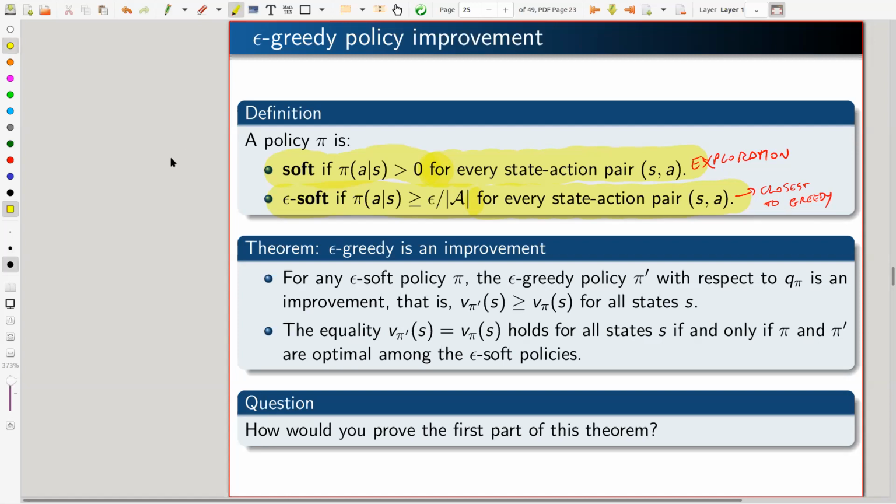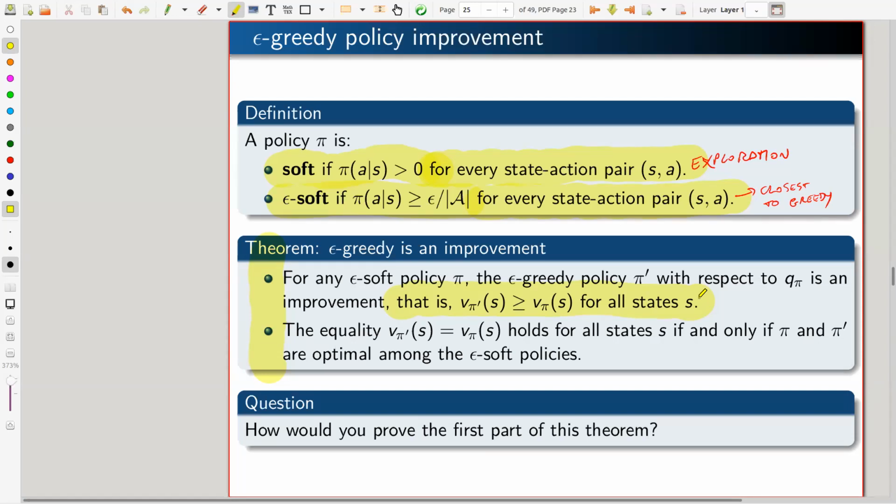We have a policy improvement theorem also for the epsilon soft policies, which states that the epsilon greedy policy is an improvement among the epsilon soft policies. Remember, this policy improvement theorem is very important in convergence proofs for the tabular case. And this is exactly what we will miss next week in the approximation part.